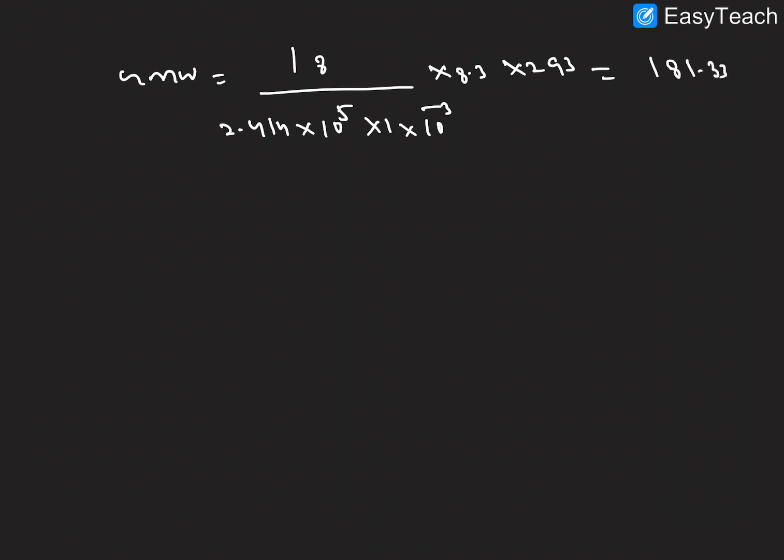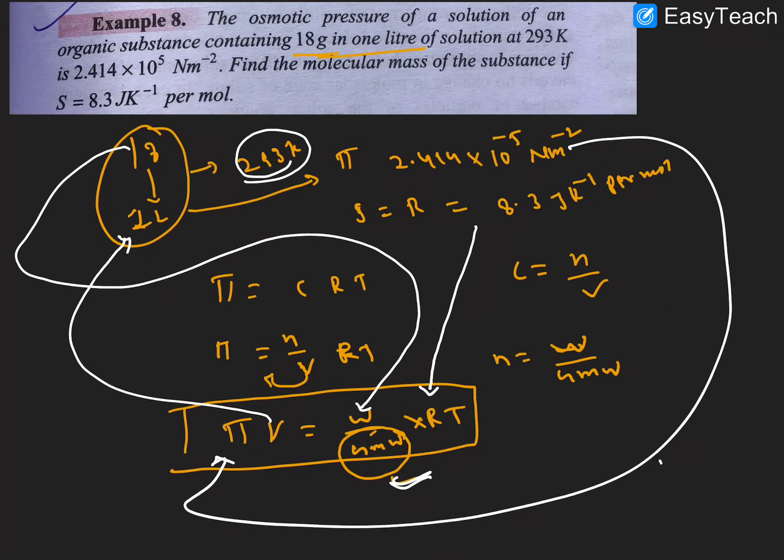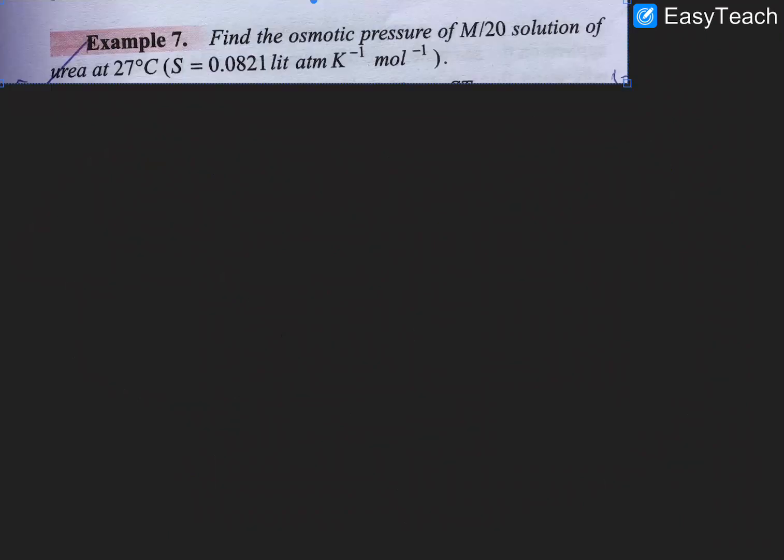So we will get 181.33. This is the gram molecular weight of solute, 181.33. I hope it is clear. This is the way of doing such questions.